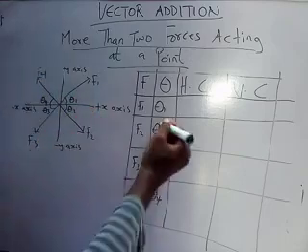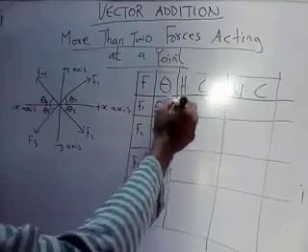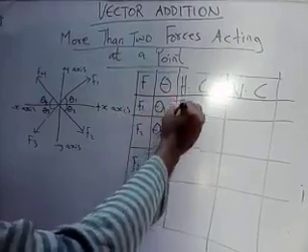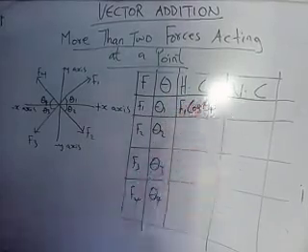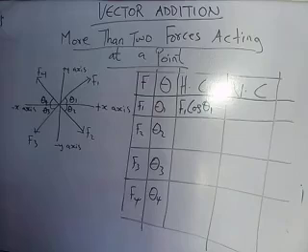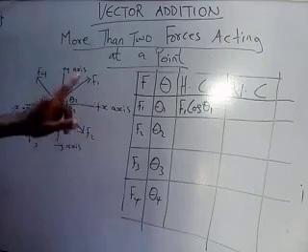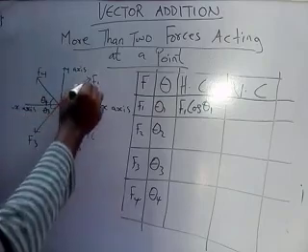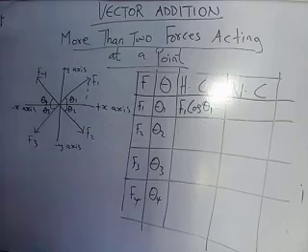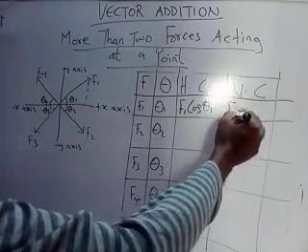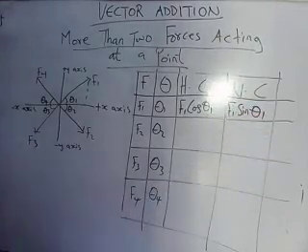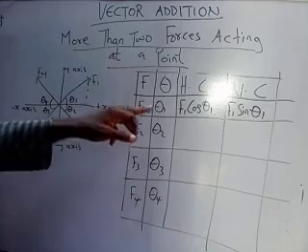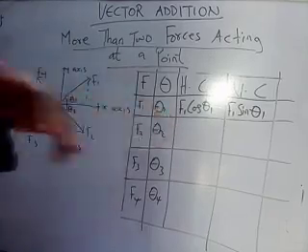So it's F1 cos theta 1. The vertical component is going upwards, so it's F1 sine theta 1.